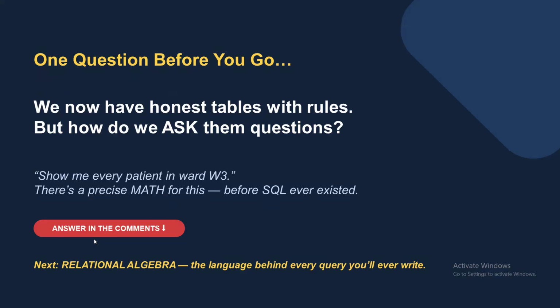Check how you will get this answer. In the next section, we'll start our relational algebra. Gradually, we are moving towards MySQL and we'll be executing queries on different tables. We'll be developing our own database and searching it, updating it, analyzing it.